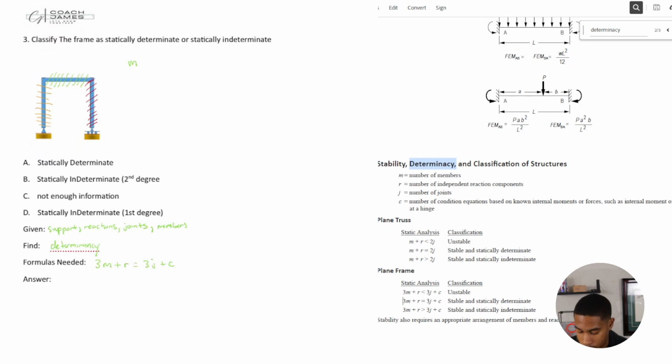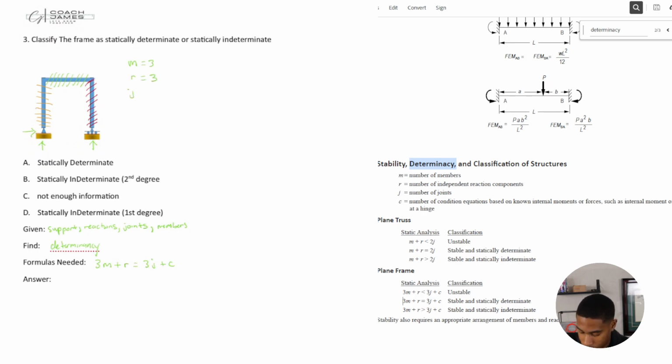So 1, 2, and 3. So we have 3 members. How many reactions? So this is a pin here, and this is a roller here. See the 3 little dots? Circles normally represent rollers. So we have 3 reactions.